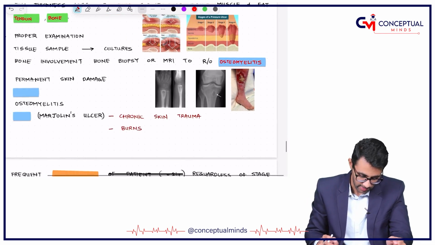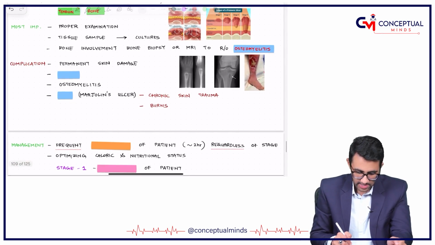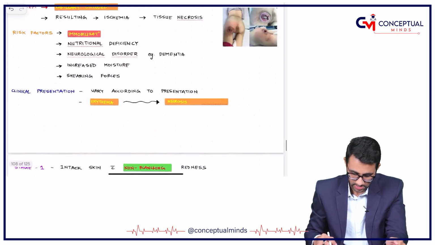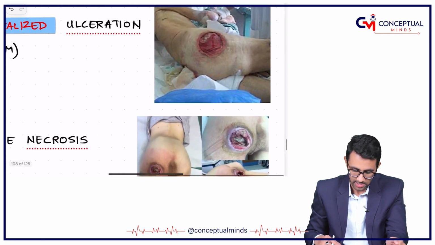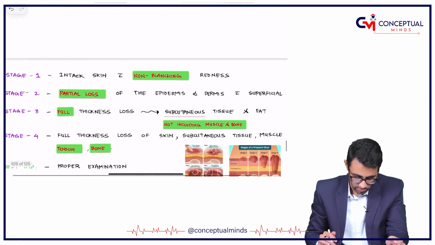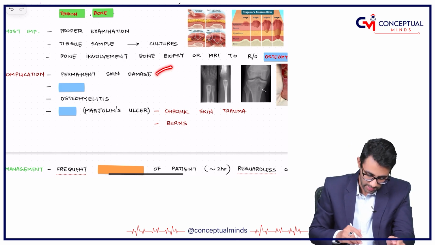Okay, that is one thing. How about the complications? Definitely there will be permanent skin damage. I am not expecting something like this to just heal normally. How about the next point?